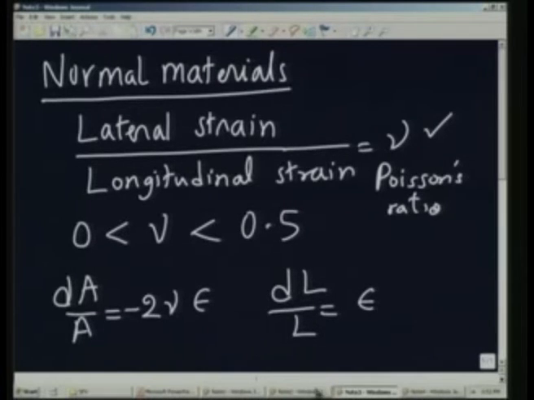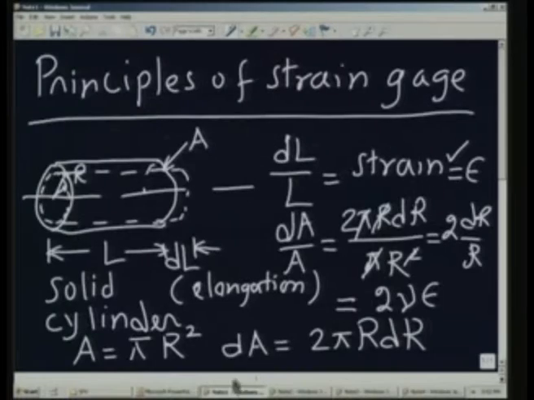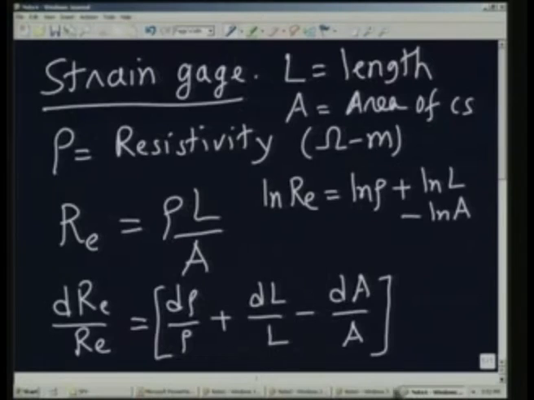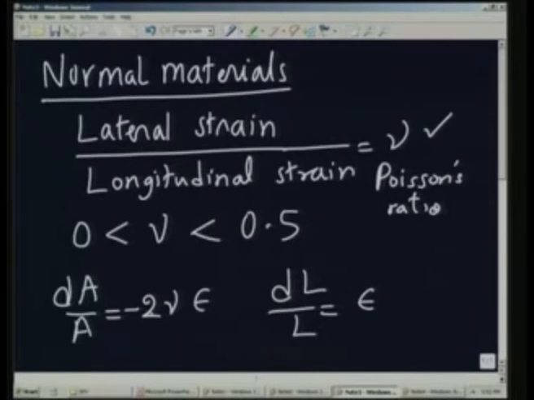You will appreciate that if you go back, you will see that dL by L is positive, dA will be negative. We saw that earlier, minus dL by L. So, that has to be introduced, and therefore dA by A is equal to minus 2 nu epsilon, and dL by L is epsilon.